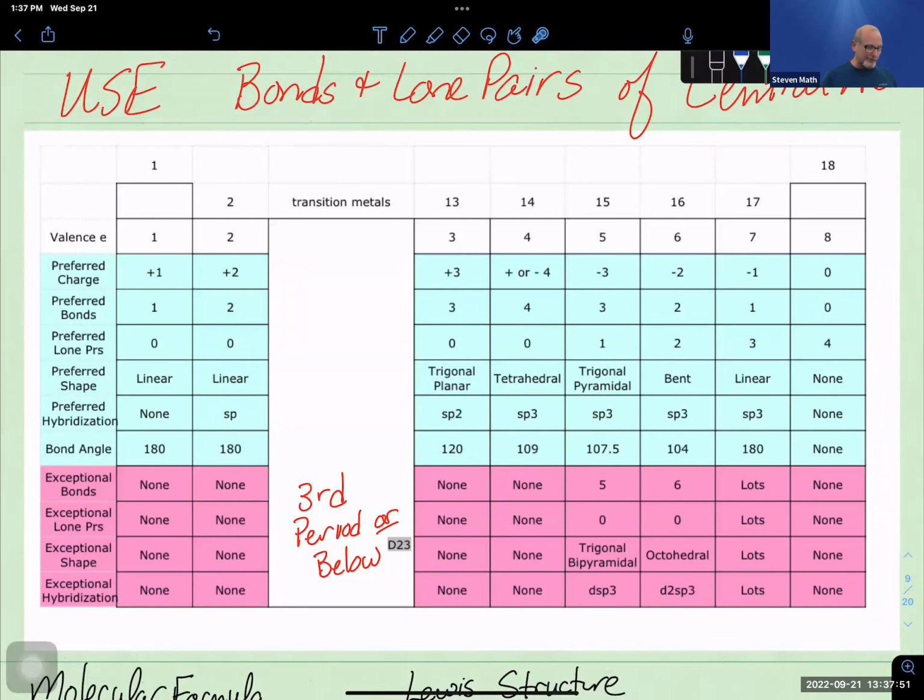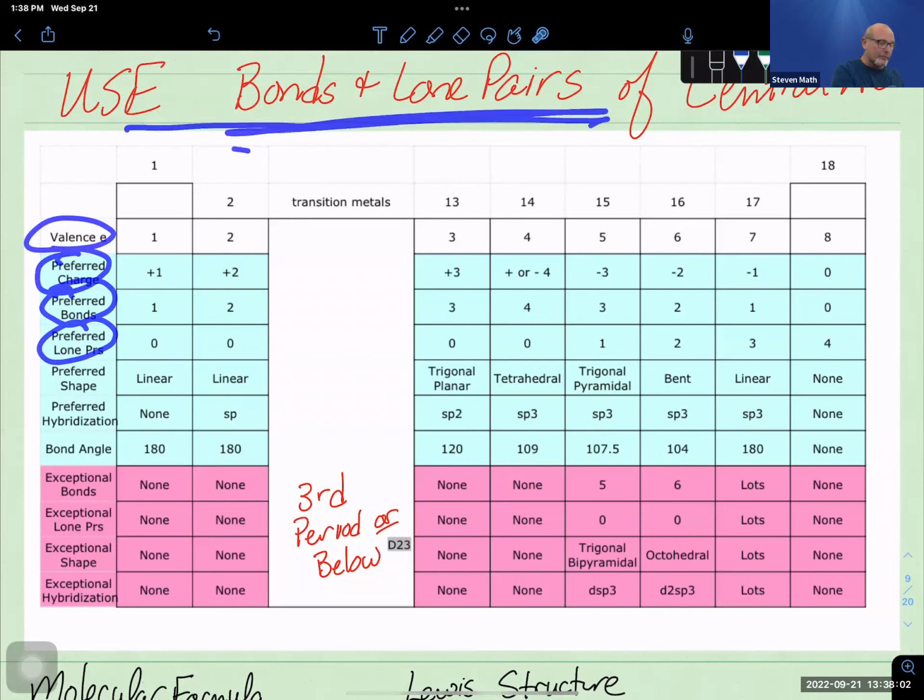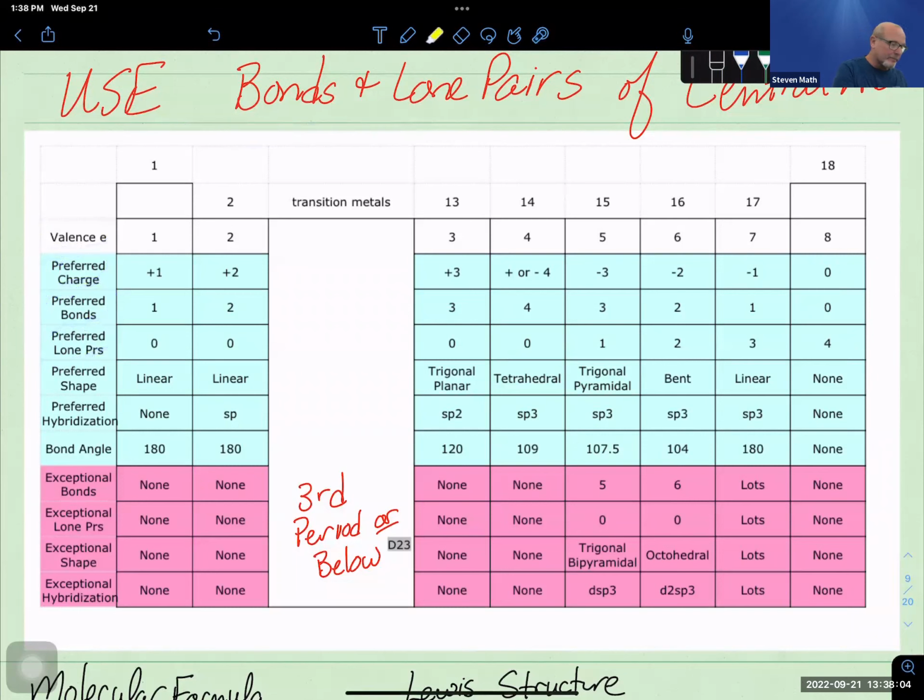No one else does this kind of stuff. But what I've put together is the valence electrons, the charge, the bonds, the lone pairs. So when I say use bonds and lone pairs, there's the bonds and there's the lone pairs. Okay, the rest of it will make more sense as we delve deeper into this bonding unit.